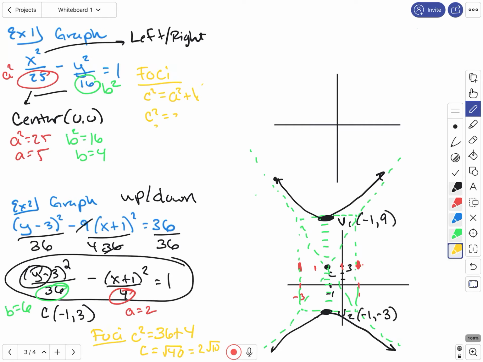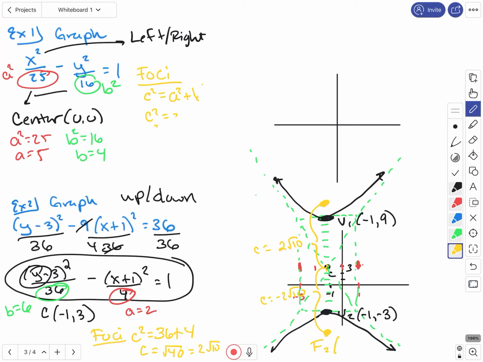So up and down 2 root 10 from our center. So this is 2 root 10 units. And then down 2 root 10 units. So those yellow dots are our focal points.